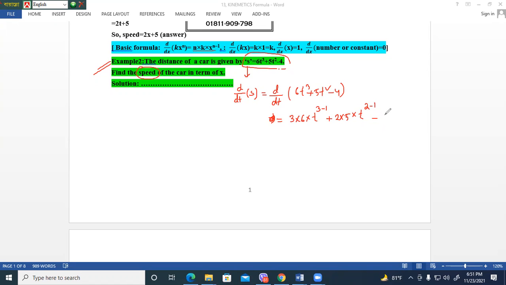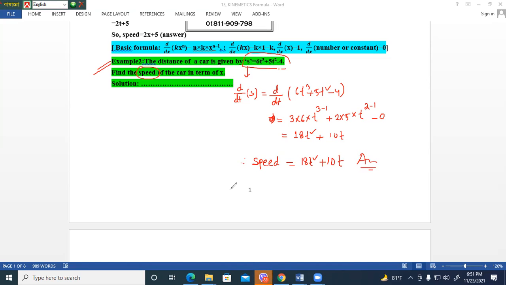Minus d by dt of 4, that is a constant value, should be 0. The whole result should be 18t square plus 10t. So you may write speed equals 18t square plus 10t. This is the answer.